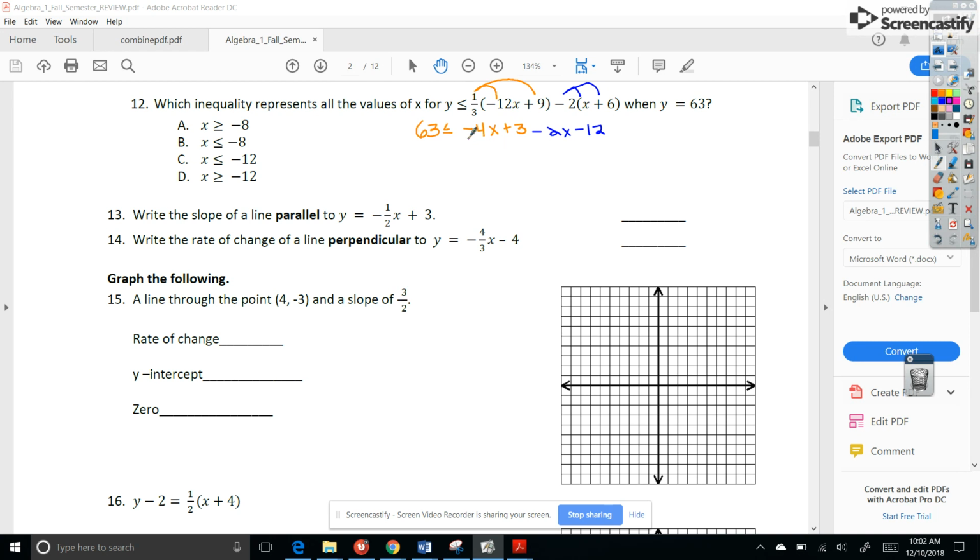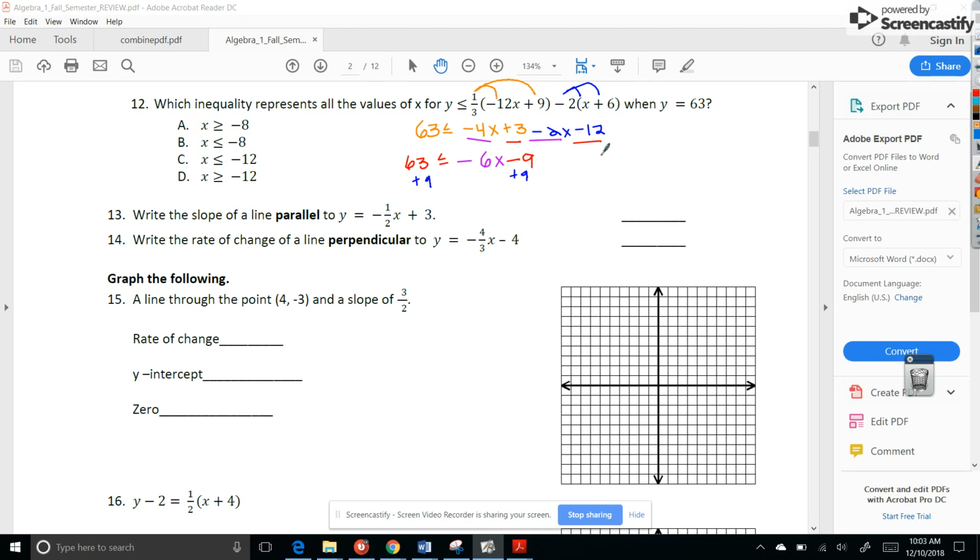Combining like terms, negative 4x minus 2x is negative 6x. And 3 minus 12 is negative 9. I'm going to add 9 to both sides.